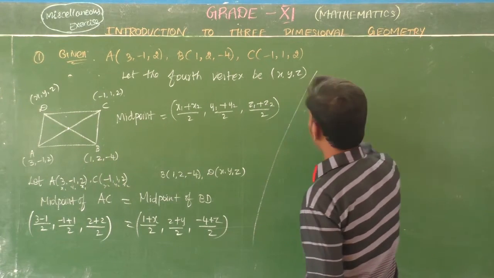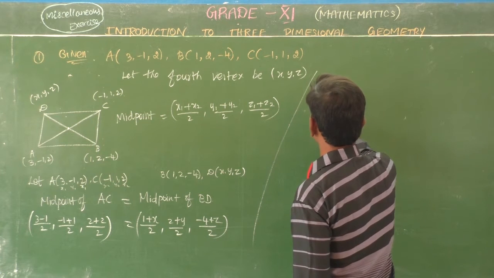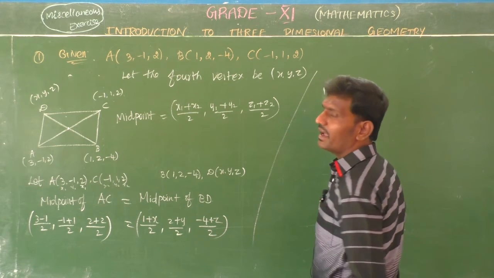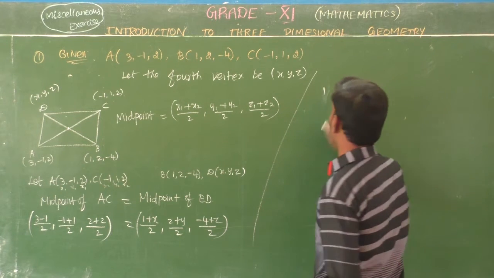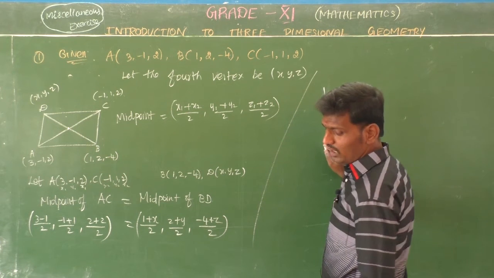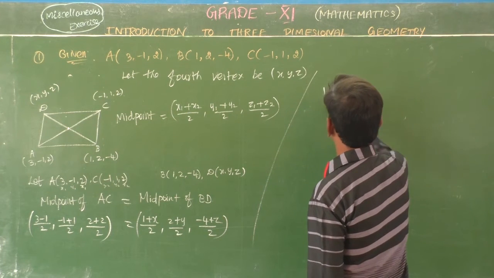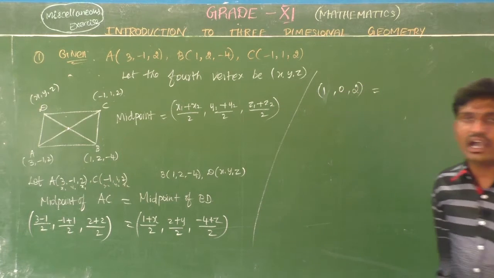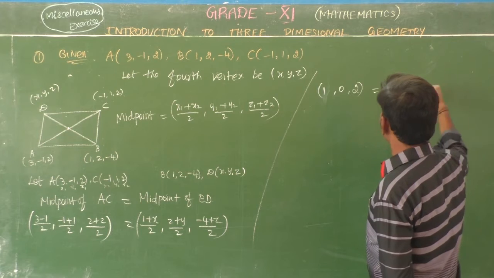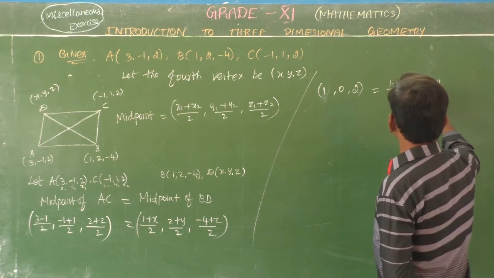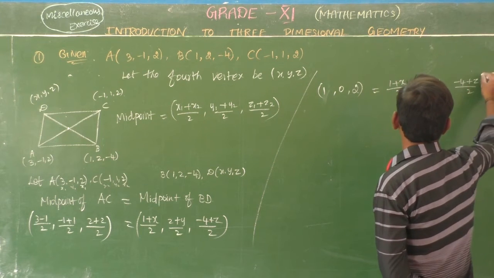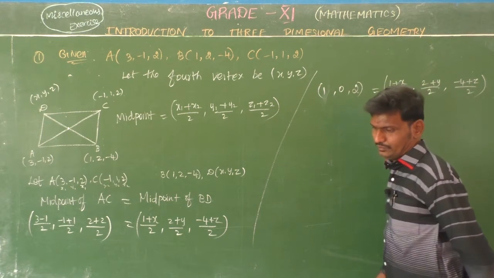Now 3 minus 1 is 2, by 2 comma, 2 by 2 directly you have to write 1. Then -1 + 1 is 0, so 0 divided by anything is 0, then 2 + 2 is 4 by 2, you have 2. This is equal to ((1 + x)/2, (2 + y)/2, (-4 + z)/2).